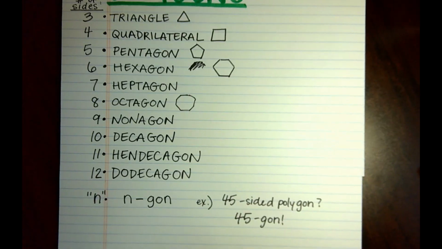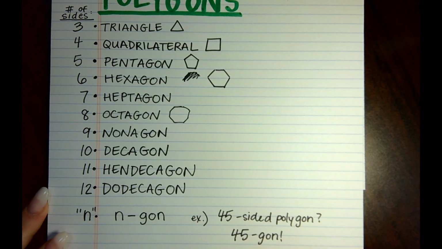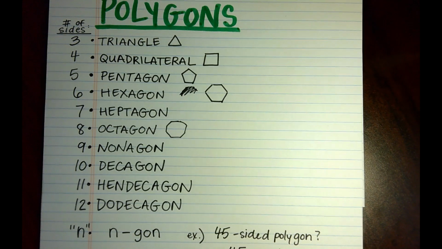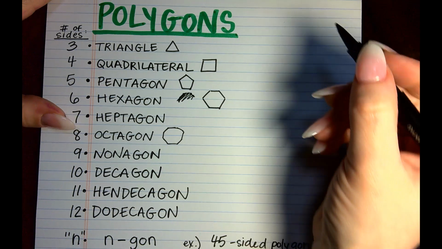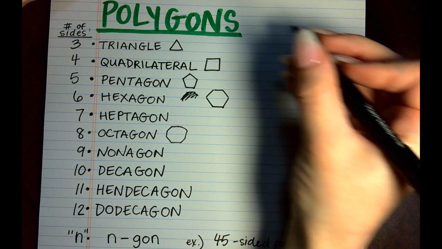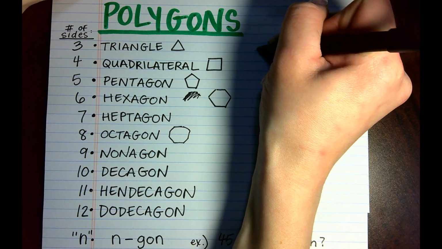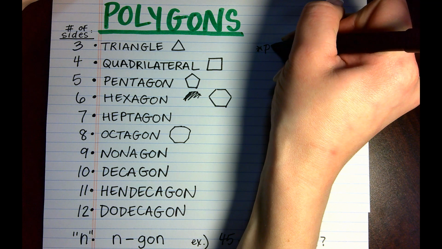And there are things we do with these polygons. We learned a lot about angles and our triangles, but let's talk more about the side lengths, and let's talk about the space inside the shape. So there's two things that we can find in polygons. The first thing is perimeter.